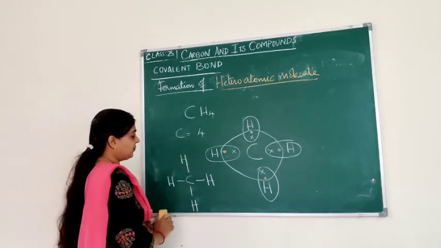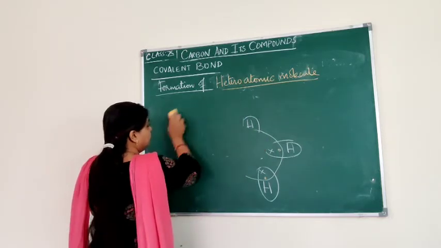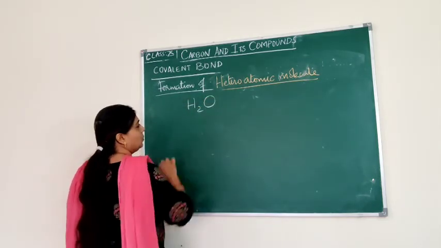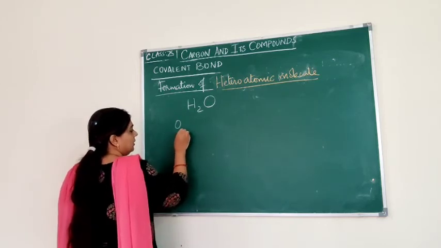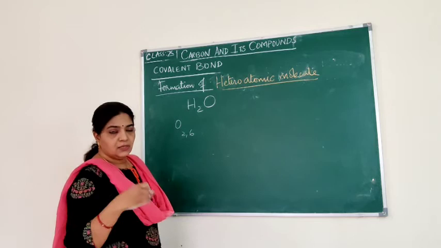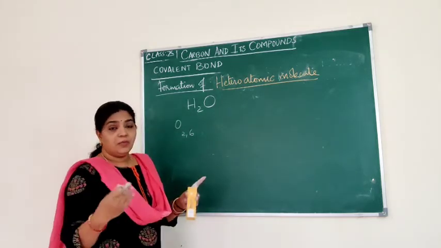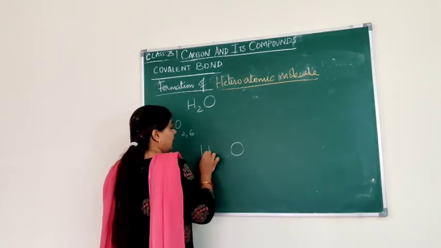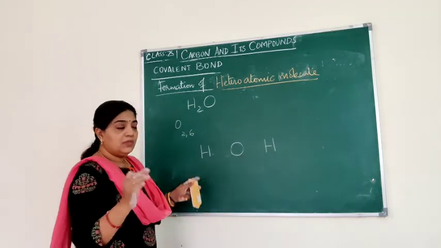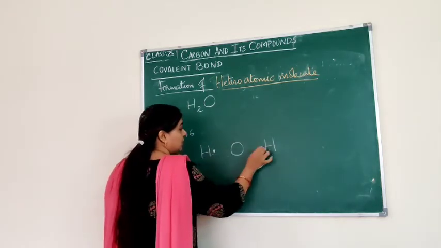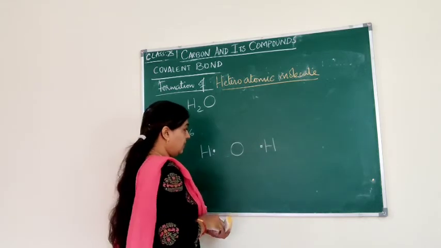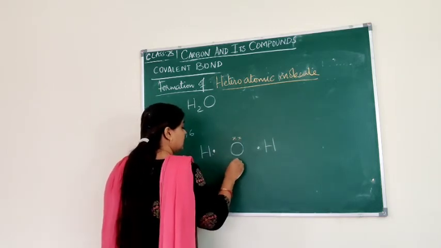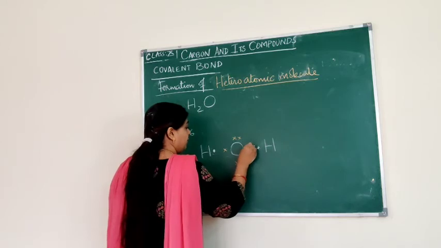Shall we do one more, for water? H2O. Oxygen, you know the valence electron is 6, so it needs 2 electrons. How many hydrogen atoms are there? 2. We put oxygen in the middle and hydrogen on both sides. Hydrogen has only 1 electron, and oxygen has 6: 4, 5, 6.